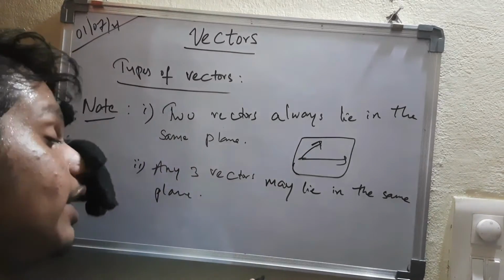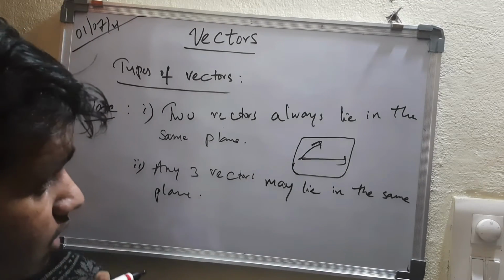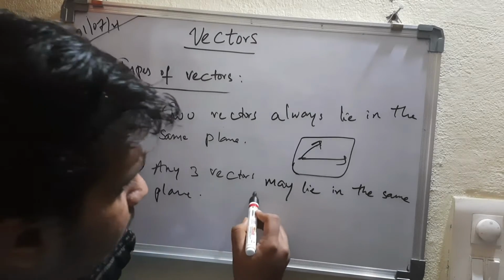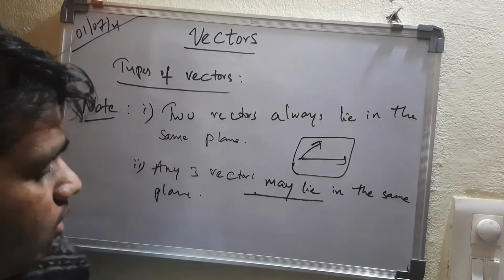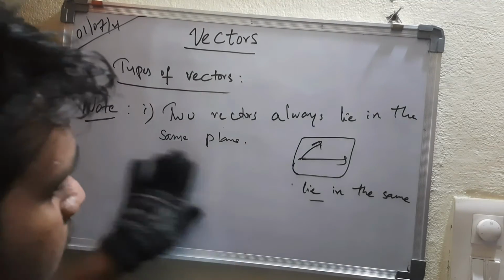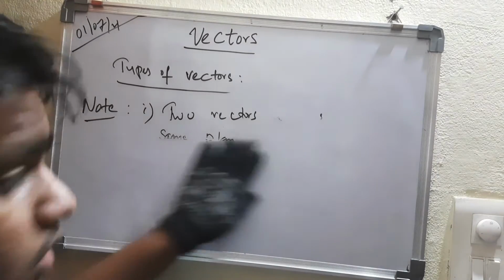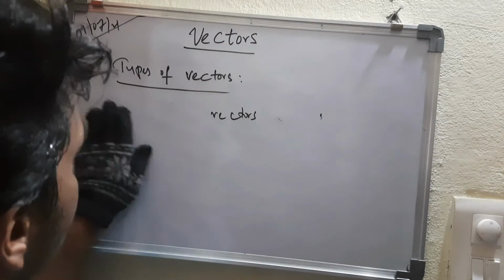Because any three vectors won't always lie in the same plane. Sometimes it may lie in the same plane. You'll get to know about this in the Cartesian form of vectors. I'll explain that. Okay.